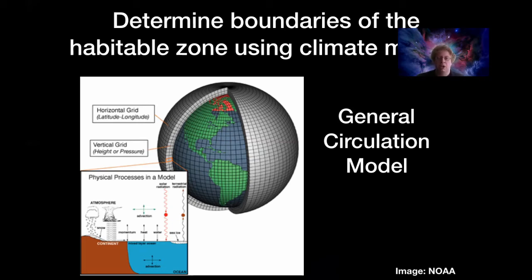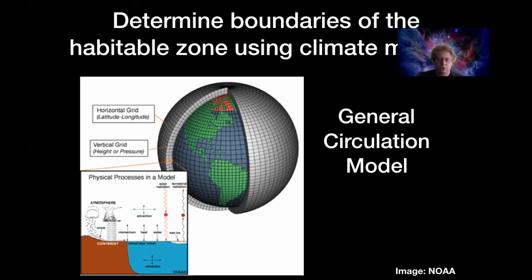So the idea is you have a planet that you simulate at different distances from any given star. You can change the amount of light that that planet receives based on how far away it is. And you run the climate model and you see in which ones there is able to be liquid water on the surface. If you start off a planet with liquid water, but very quickly all of that water turns to ice, that would not be in the habitable zone.